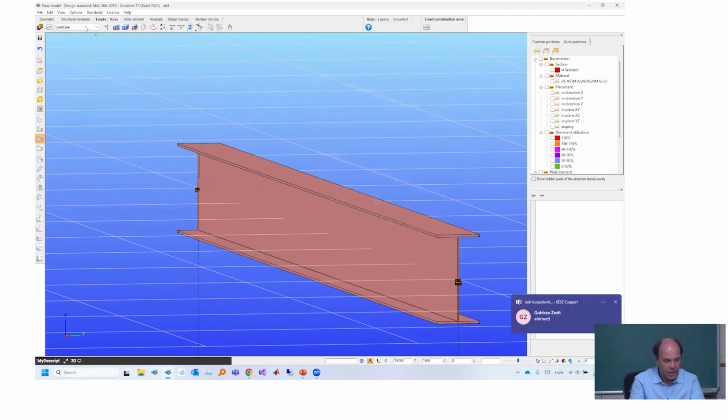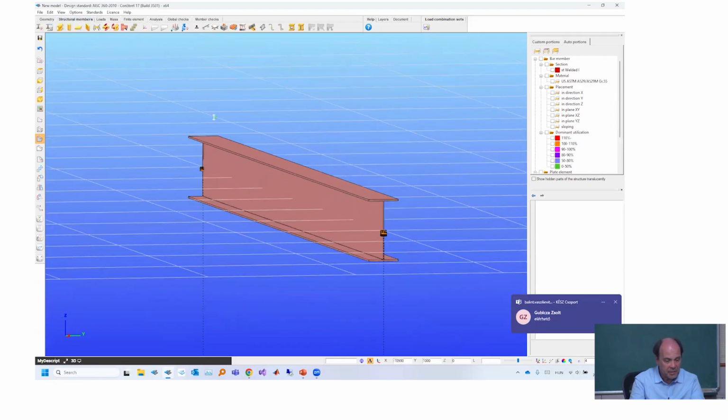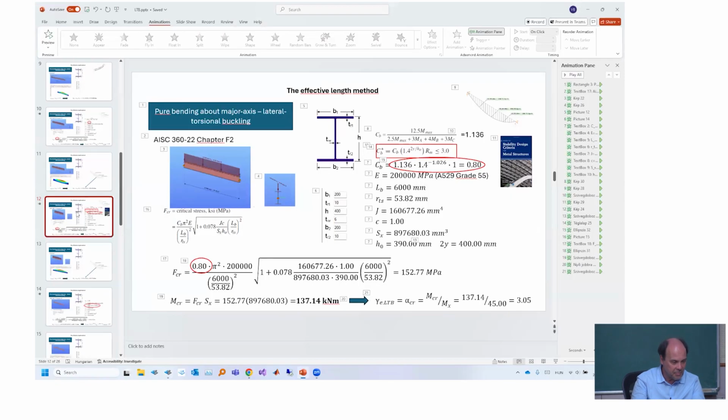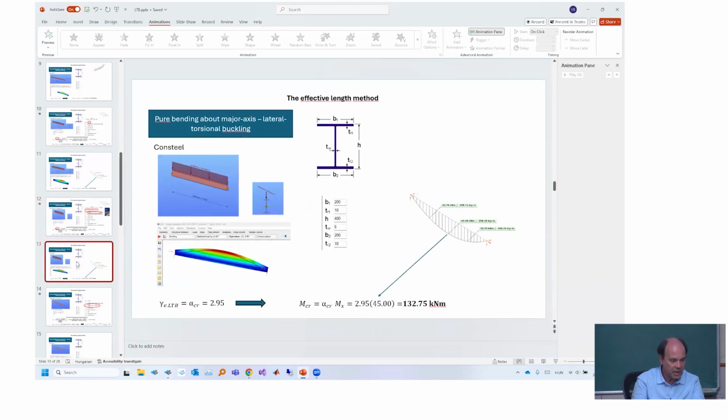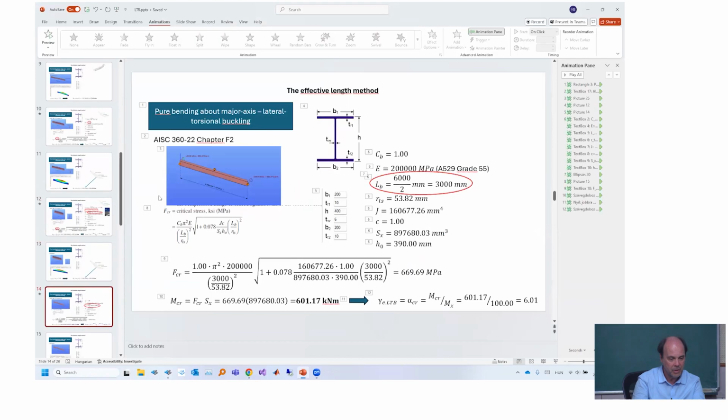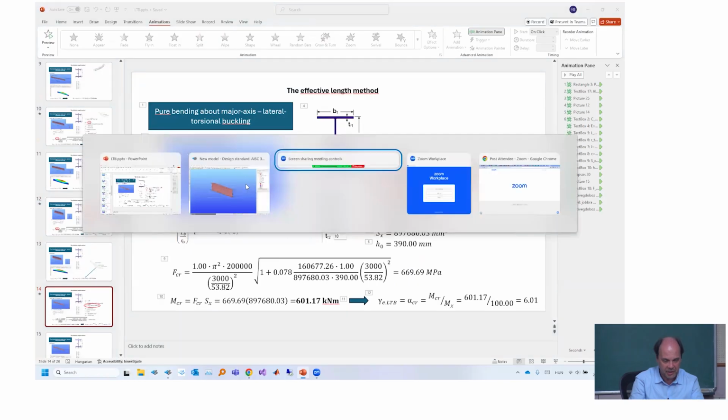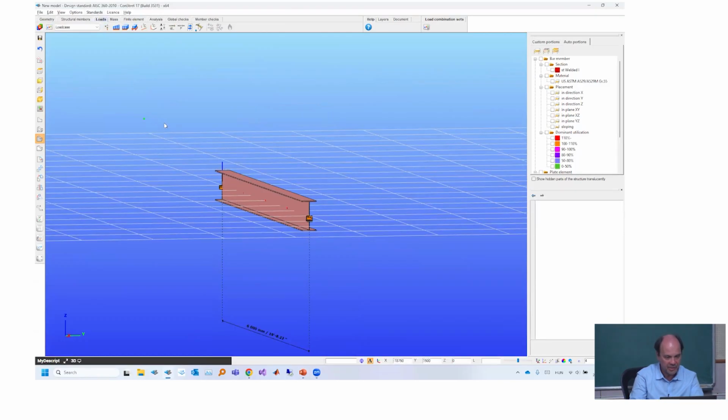Okay? Now, the other thing which is logically coming into this game is what happens if we have lateral supports. We go back to the original model, 6 meter long, end moments at the two ends, but what happens if we have a lateral support? I just quickly show what I do to have that model.